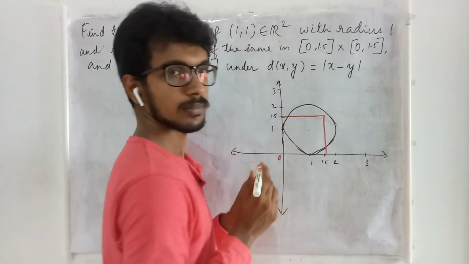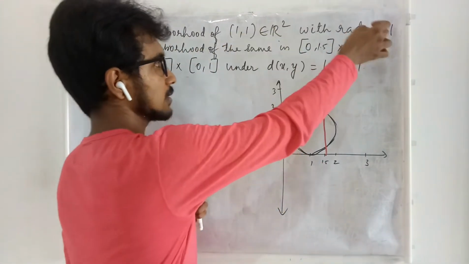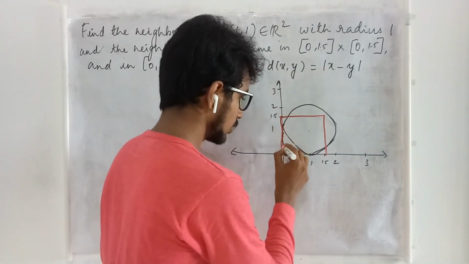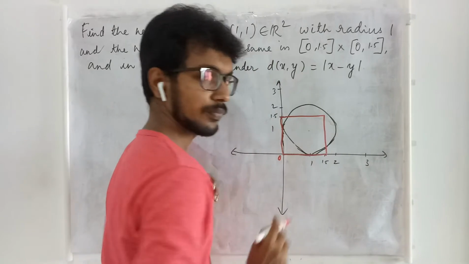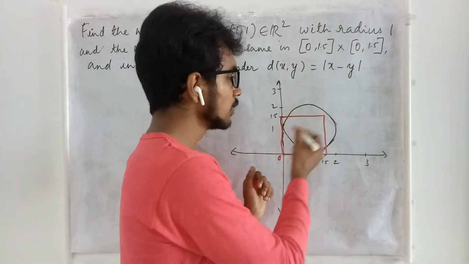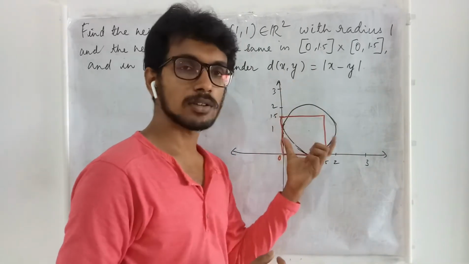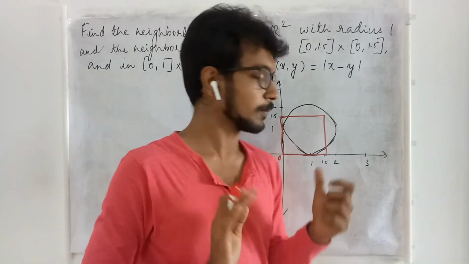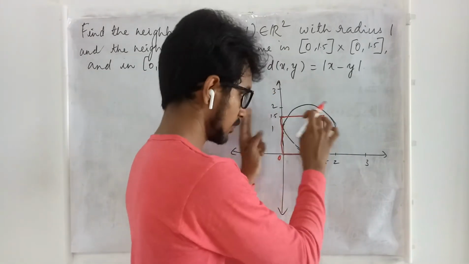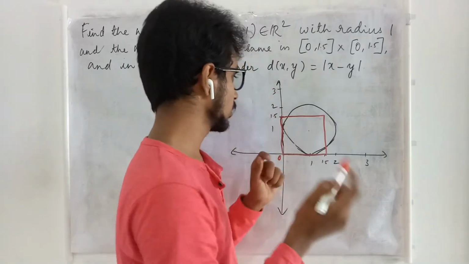This part. Now if you need to find the neighborhood of the point with the same radius in this subspace that is given to you, this red colored one in the entire plane, with the same metric, this also forms a metric space that you can check if you want. This point is inside this metric space, right? And what is going to be the neighborhood here?